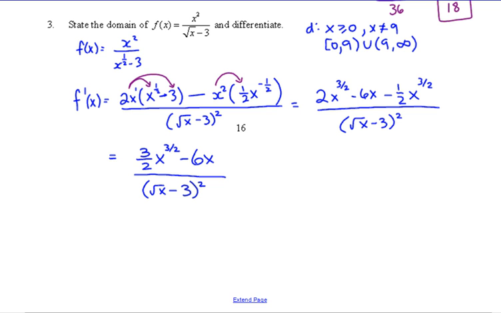Okay, so here, first of all, if I want to factor out a fraction, what would be the common denominator we'd need here? 3 over 2 and then minus 6. Yeah, over 2. We want 6 to be over 2, so 12 over 2. We're going to make it a fraction, the common denominator, to factor out the 1/2. Well, we could actually factor 3 over 2 out of this.